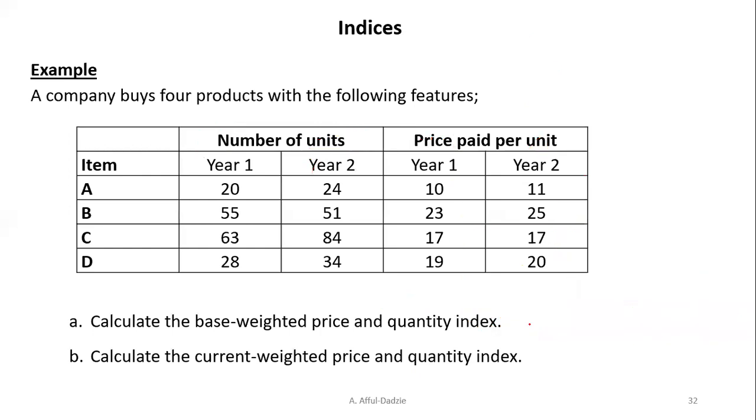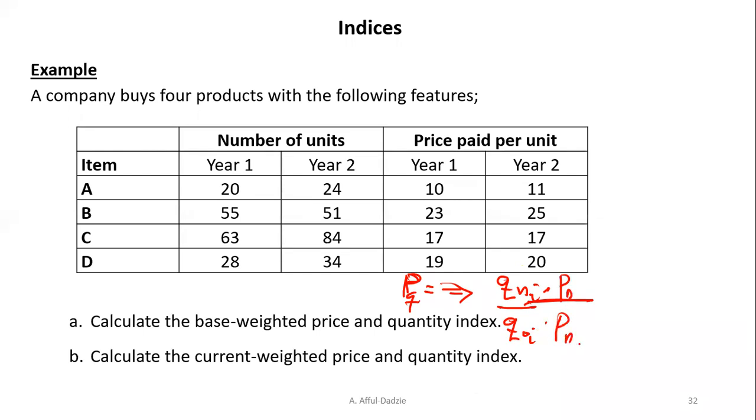If you were to compute the Paasche quantity index, then this is equal to Qn over Q0. But because there are multiple products, A, B, C, D, we will say Qni, where i goes from 1 to whatever number of products we have. Then you are going to multiply this by the current price. So this time you're going to have Pn as the weight.